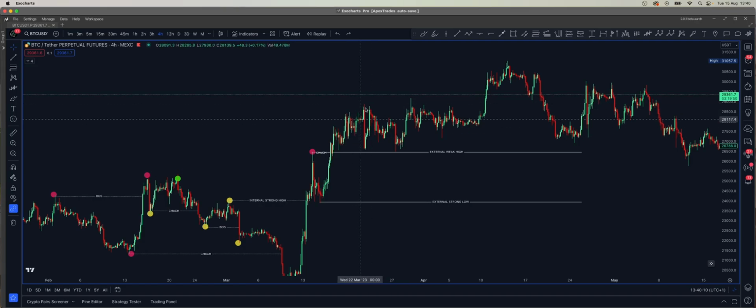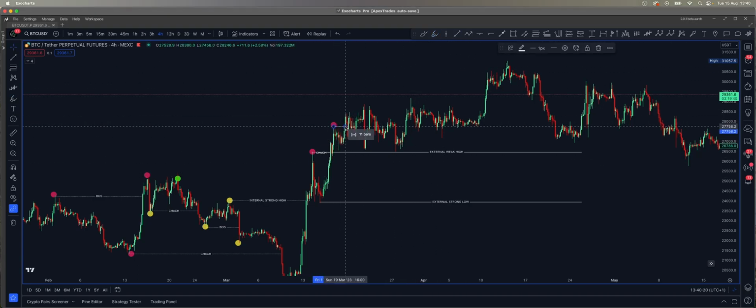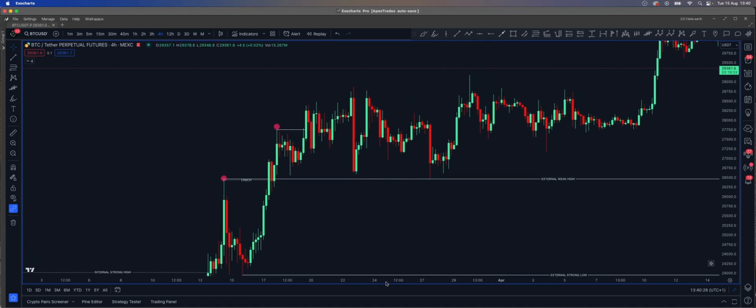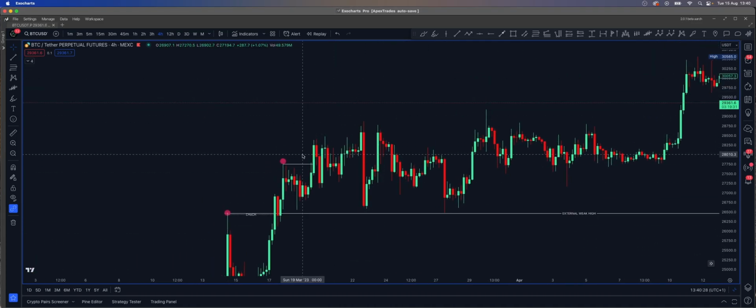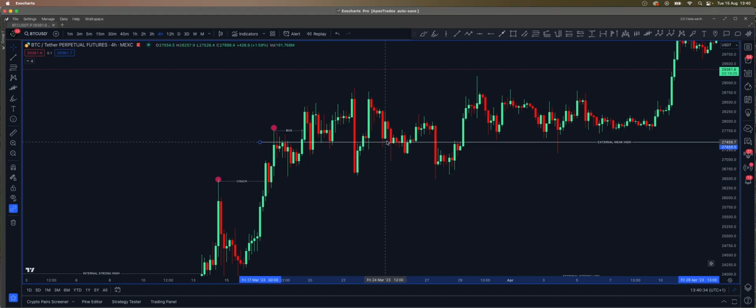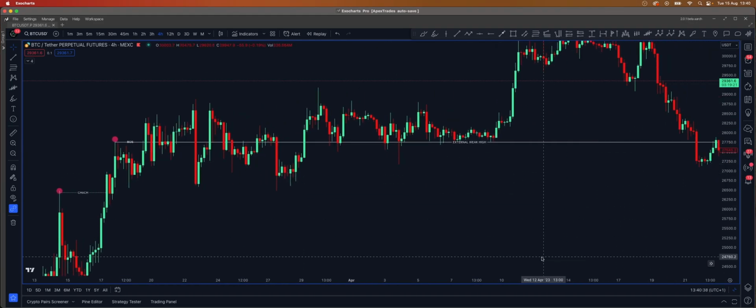We print a new high, okay? And then I'm going to zoom in a little bit here so things become a little bit clearer on this particular market structure. Then this becomes a break of structure. Break of structure was our new swing high.